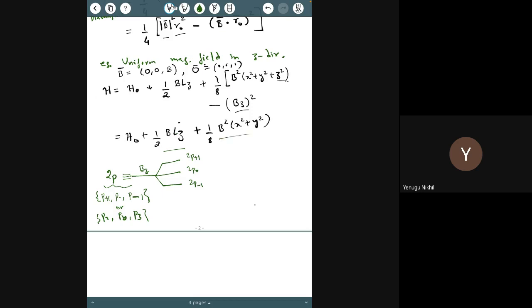Now this is definitely the diamagnetic term. So this is the orbital paramagnetic term. This is the diamagnetic. Okay, so in the diamagnetic term, it's obvious everything is squared, everything is positive, so it raises the energy.